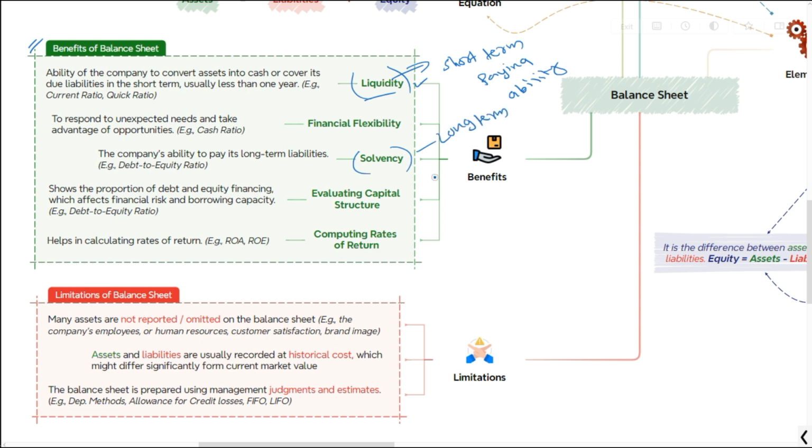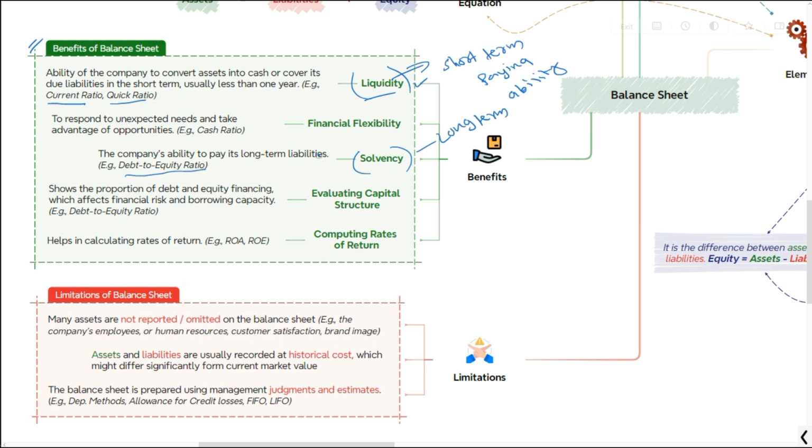So you can understand the company's short-term paying ability and its long-term paying ability. How are you going to understand the short-term paying ability? By calculating the current ratio and the quick ratio. You can understand the long-term paying ability by calculating the debt to equity ratio.